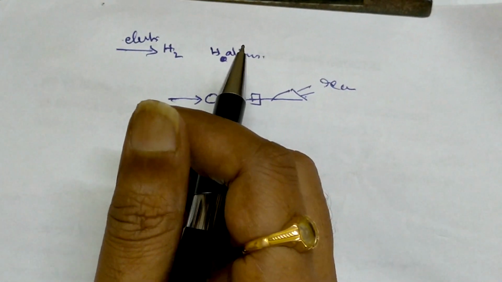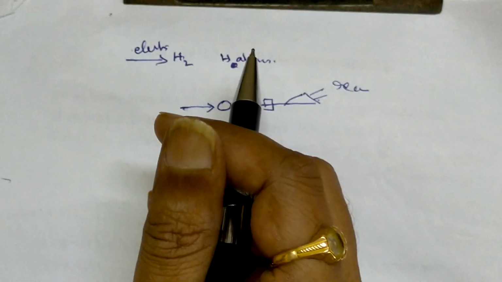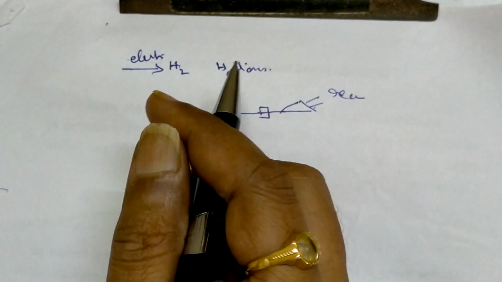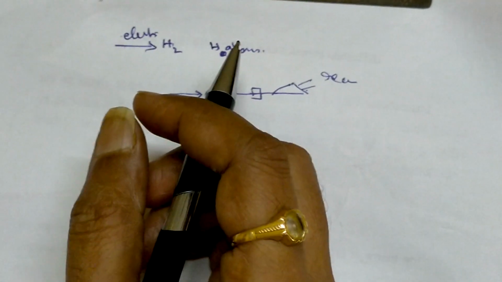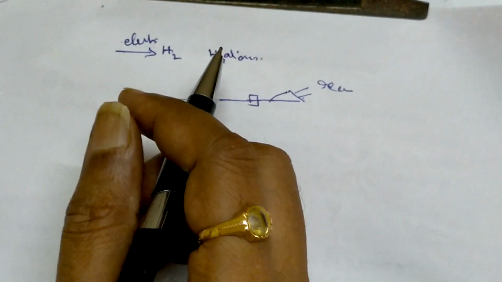First it was checked by the scientist Balmer. He found one set of lines, and on his name those lines are called the Balmer series or Balmer lines for the hydrogen atom.